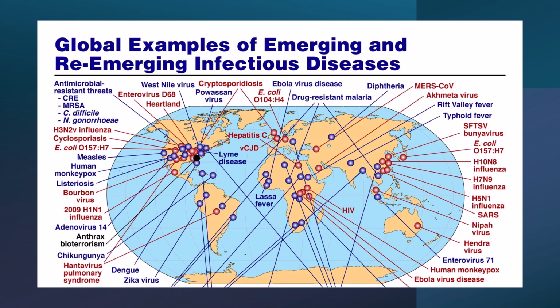The first emerging infectious disease threat was HIV. Since then, he has continuously updated the map, now showing the emergence of numerous infectious disease threats, as well as highlighting certain infections that had emerged before HIV.